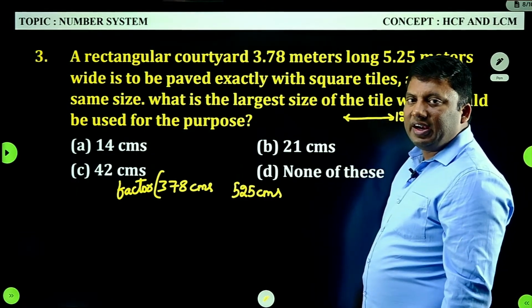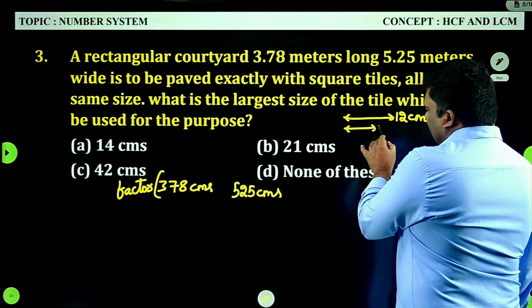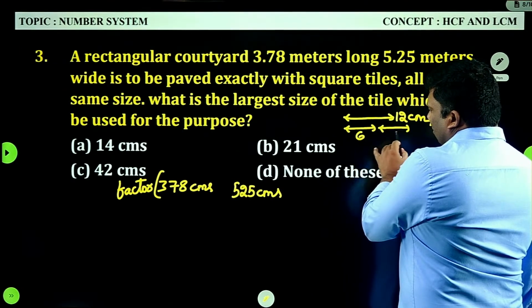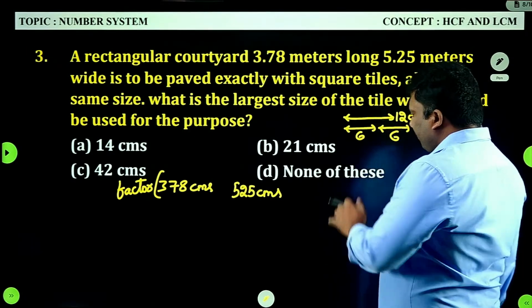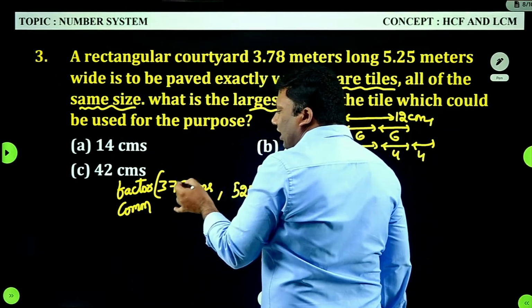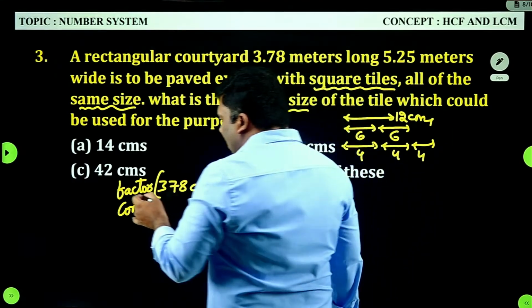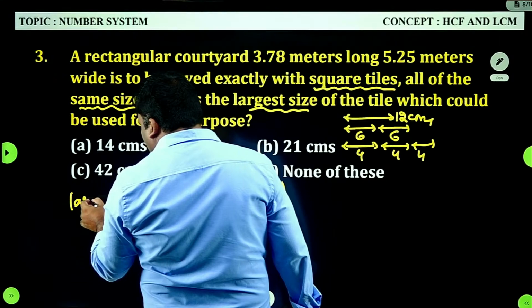I want to divide it into equal parts. That means I will take 6 and 6. 6 is a factor of 12. Or I will take 4. It should be a factor common to 378 and 525 and it should be the largest.